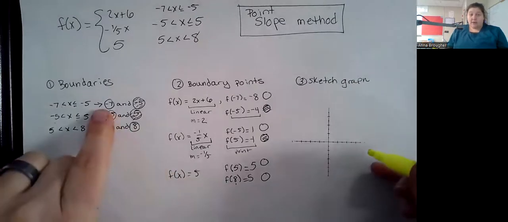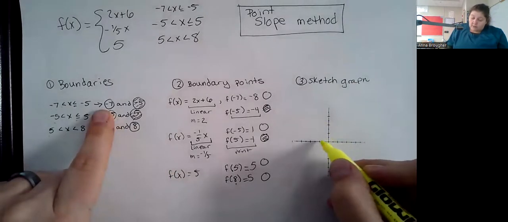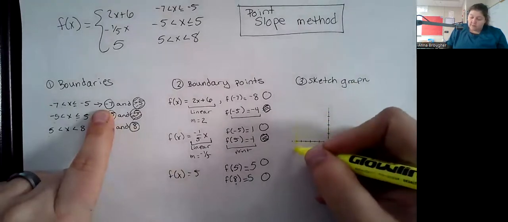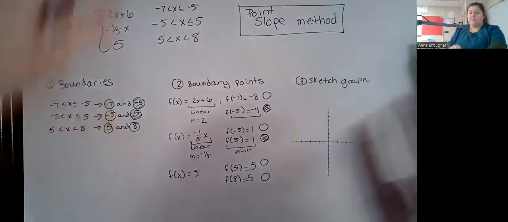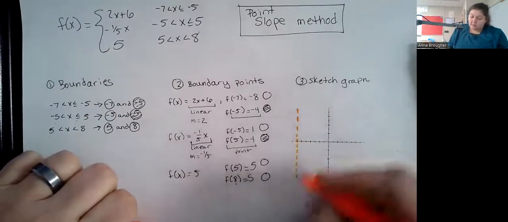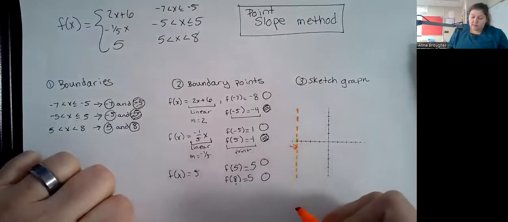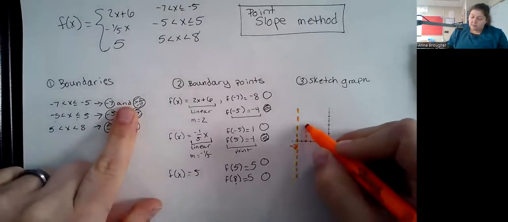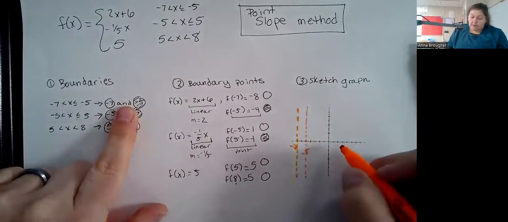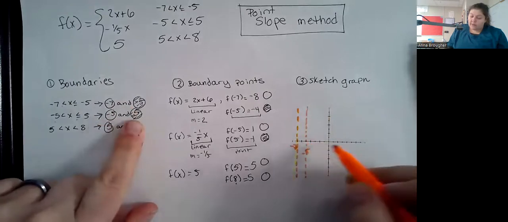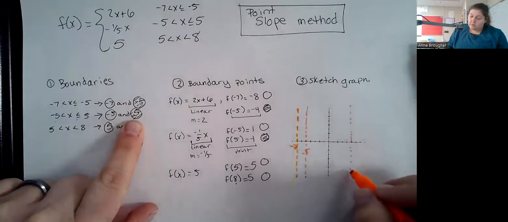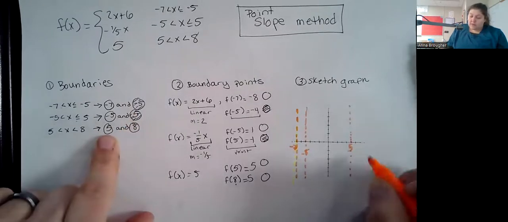Now I'm going to sketch in my boundary lines. 1, 2, 3, 4, 5, 6, 7 negative. Boundary line 1. Boundary line 2. Boundary line 3.